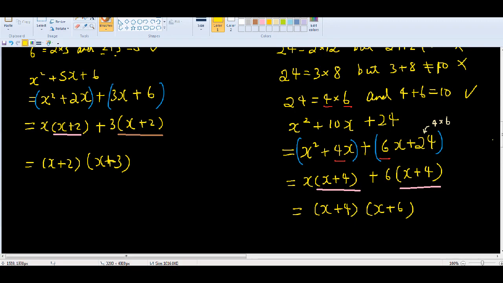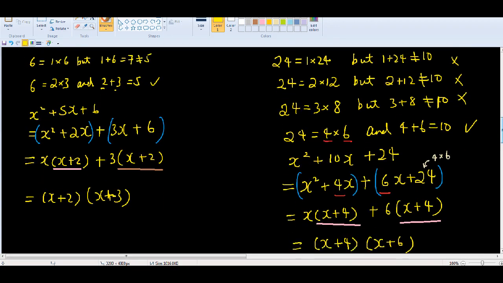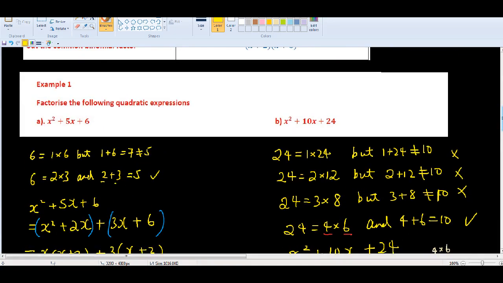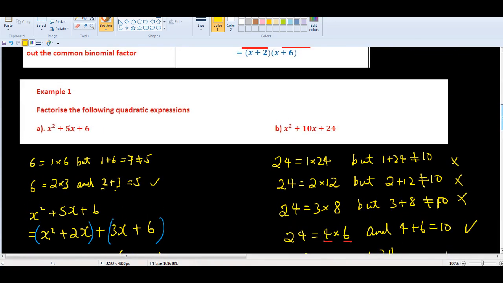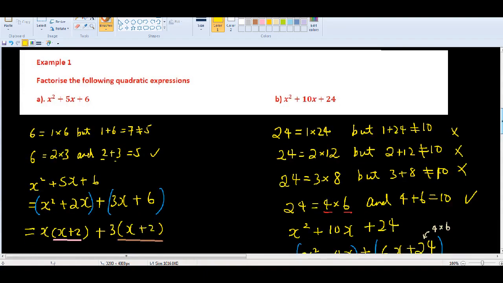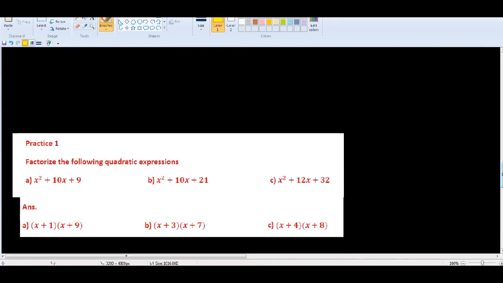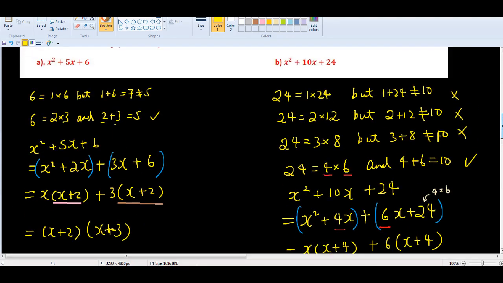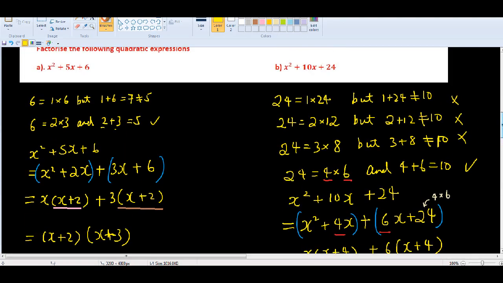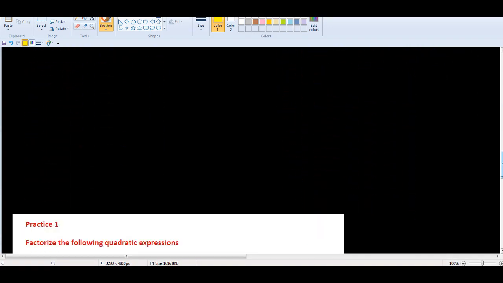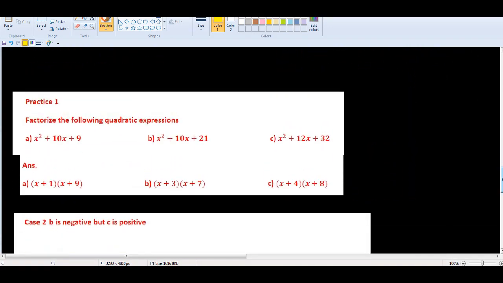That would be our work for this, the most basic monic quadratic trinomial. Because they are all positive, it's always addition. Then we are going to see something else.